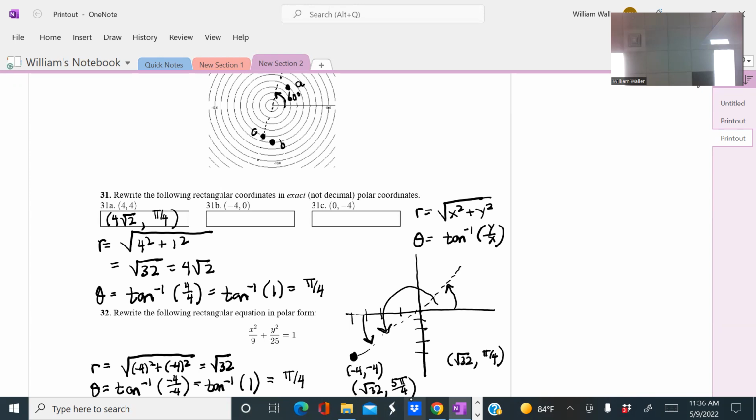So that's the bad thing about converting from rectangular to polar coordinates using this formula: you have to be careful when you check your answer. Did I put the point in the right quadrant? If I didn't, I have to adjust my angle to make sure I'm in the correct quadrant.